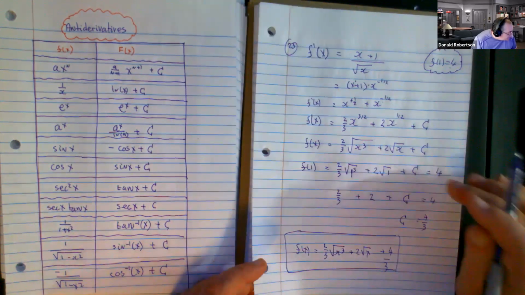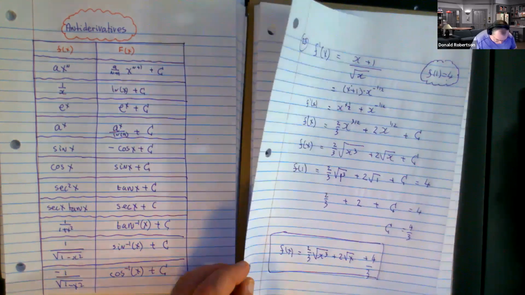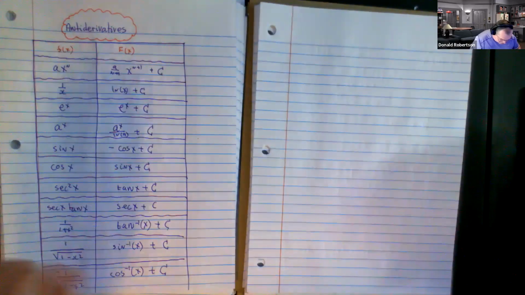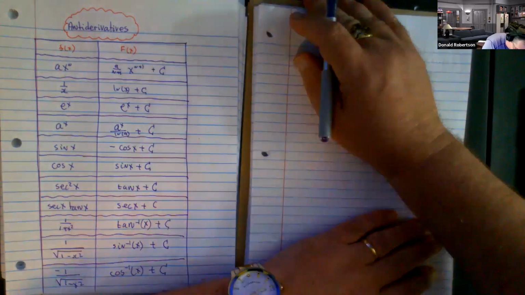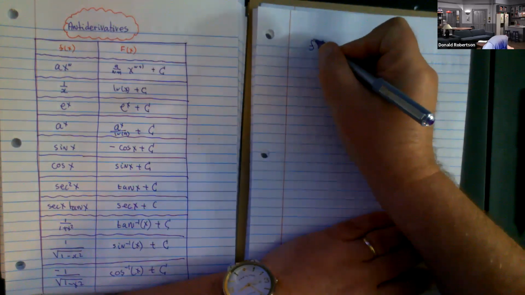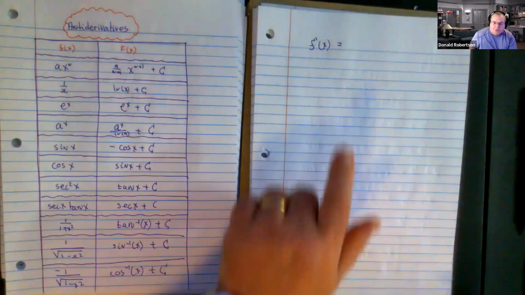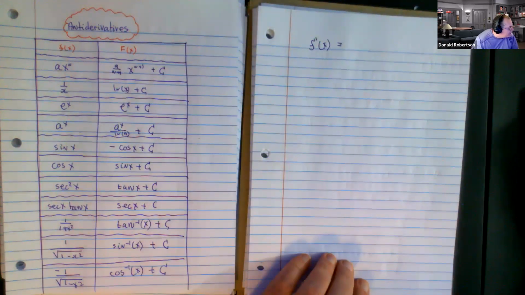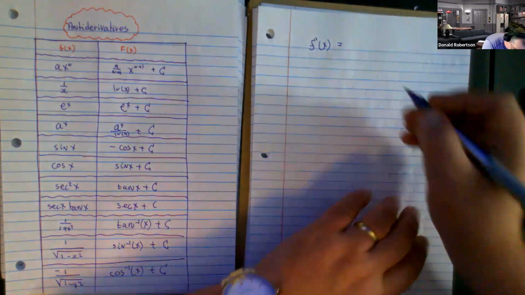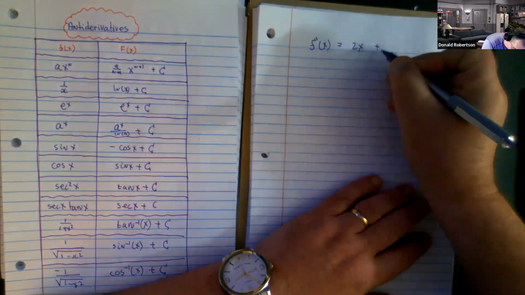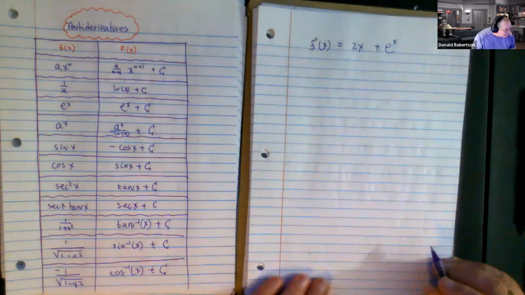So how can we make this even weirder? Well, let's do a little side issue. Suppose I tell you the second derivative, which is why this notation can sometimes be better than the capital F of X notation. Suppose I gave you that guy, and he's going to be equal to 2x plus e to the x.